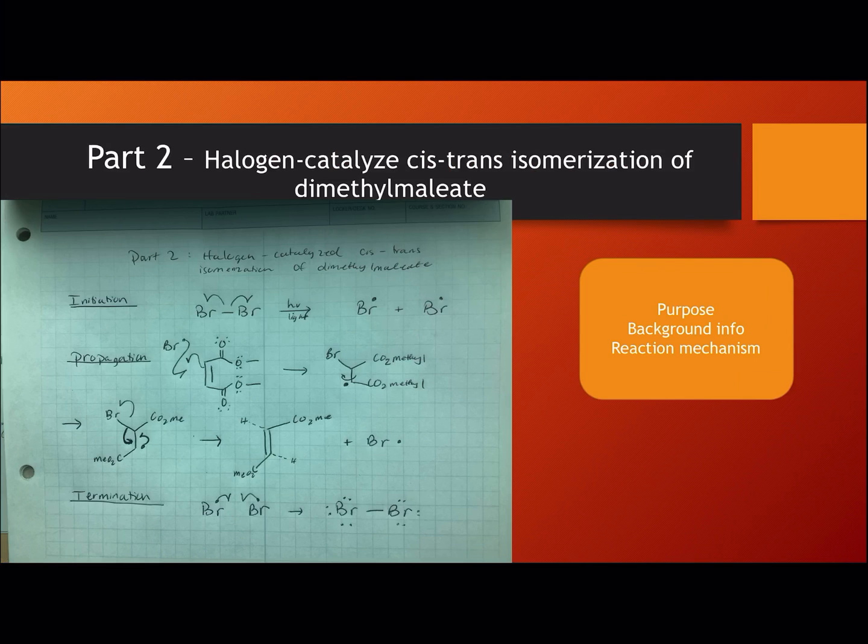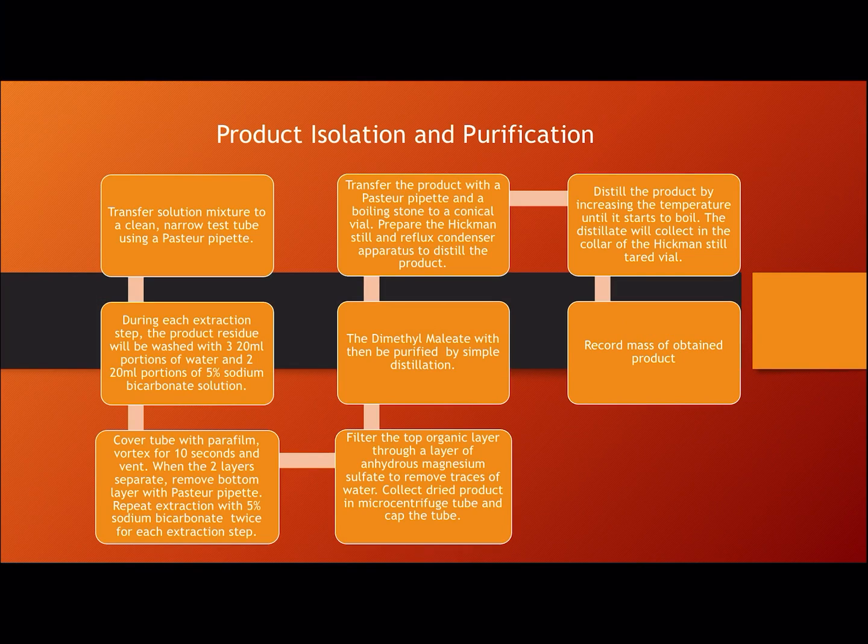Before I actually move on, let's wrap it up and talk about the type of reaction that was used. So to wrap up dimethylmaleate, it can be synthesized from maleic anhydride and methanol with sulfuric acid via a nucleophilic acyl substitution reaction, and this is used to form the monomethyl ester.